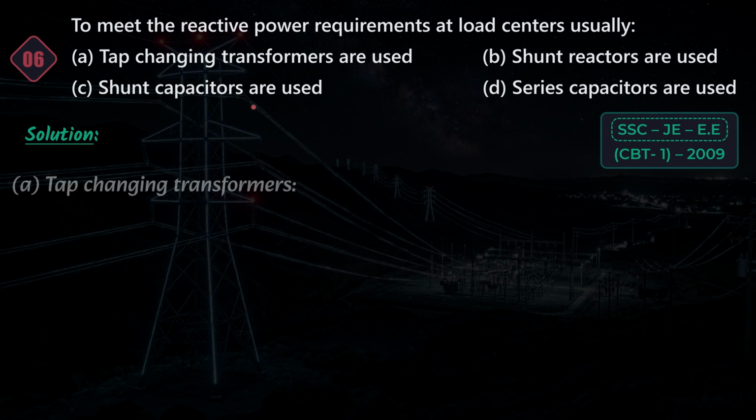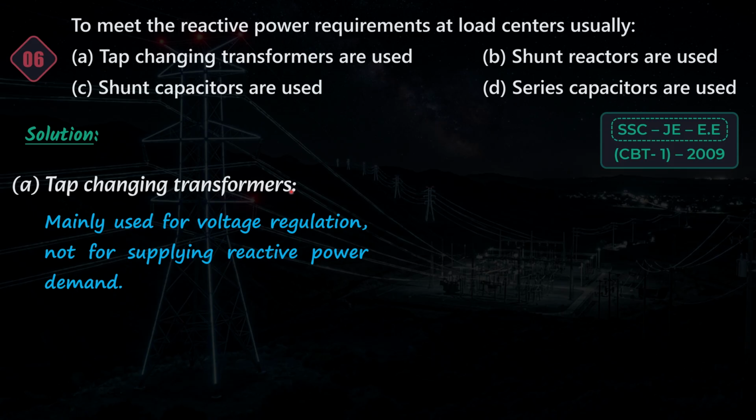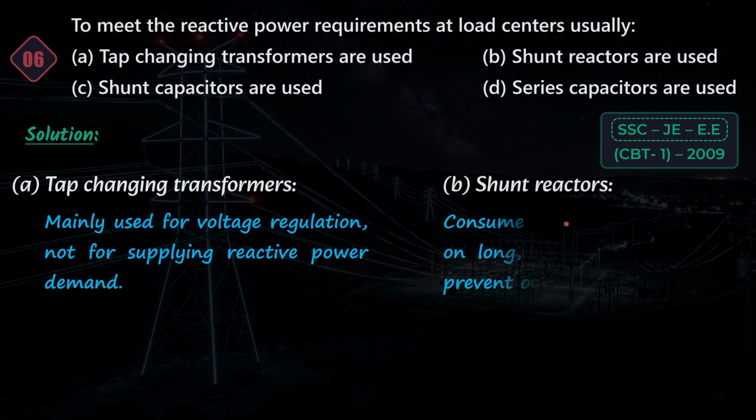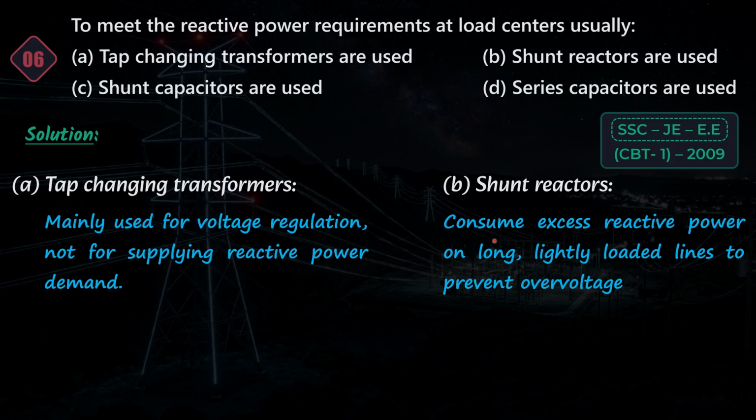Now let us see each option one by one. Tap changing transformers are mainly used for voltage regulation, not for supplying reactive power. Option B, shunt reactors. Shunt reactors consume excess reactive power on long, lightly loaded lines to prevent overvoltage. Now option C, shunt capacitors.